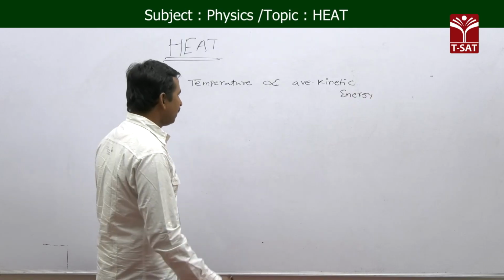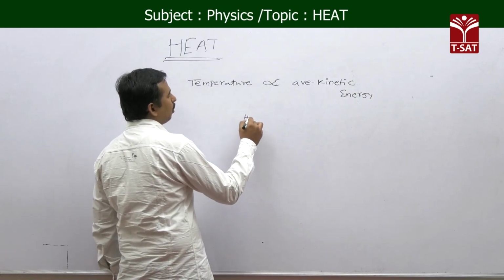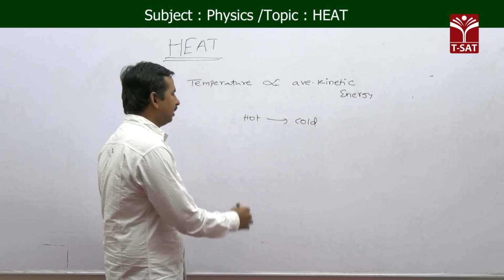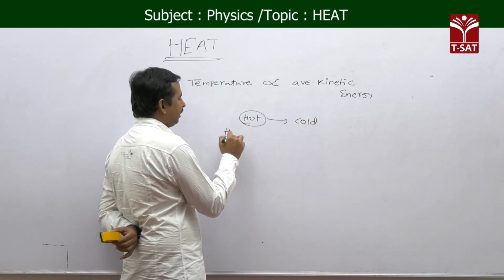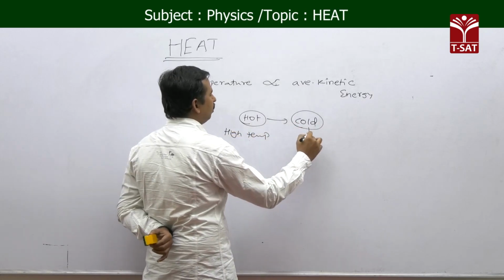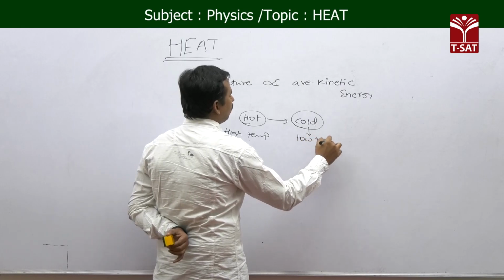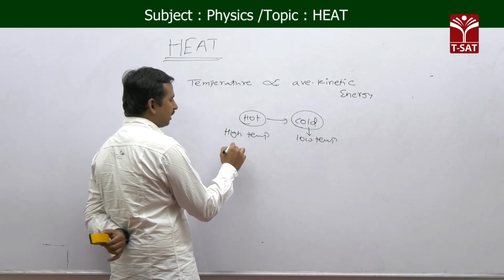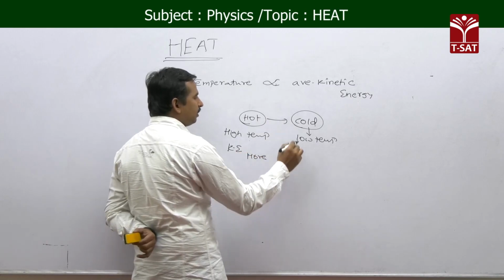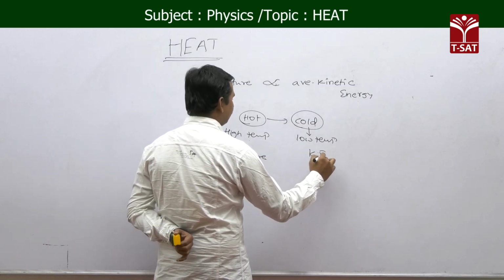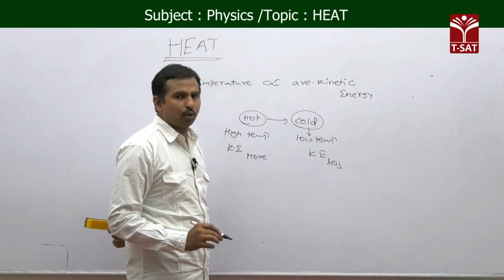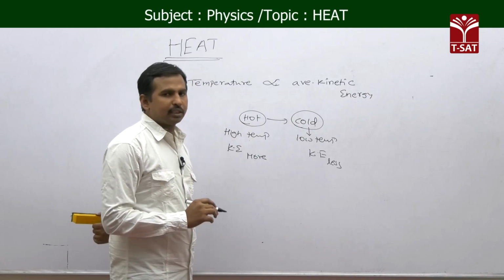So whenever a hot body is connected to a cold body, if both are in contact, hot body means high temperature and cold body means low temperature. High temperature has more kinetic energy, and low temperature has less kinetic energy.